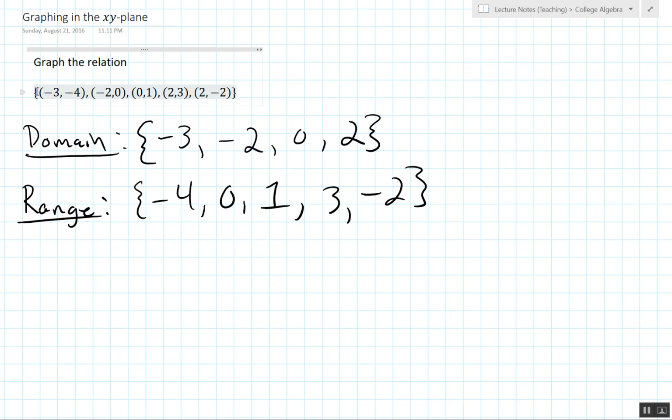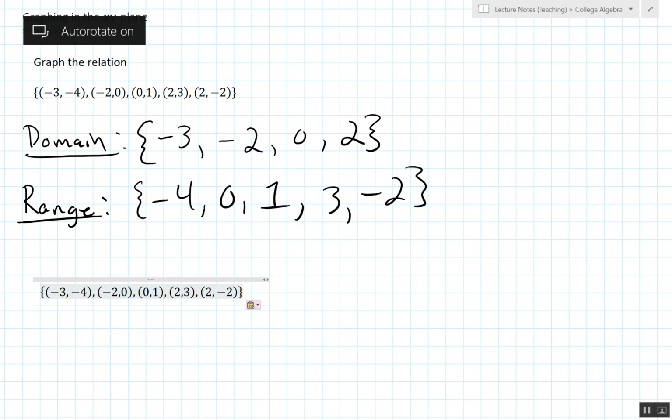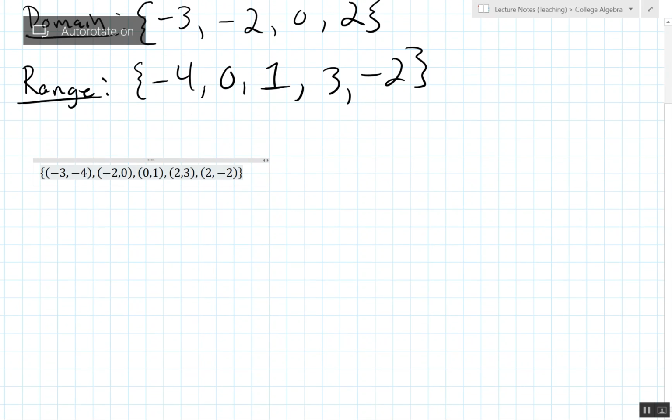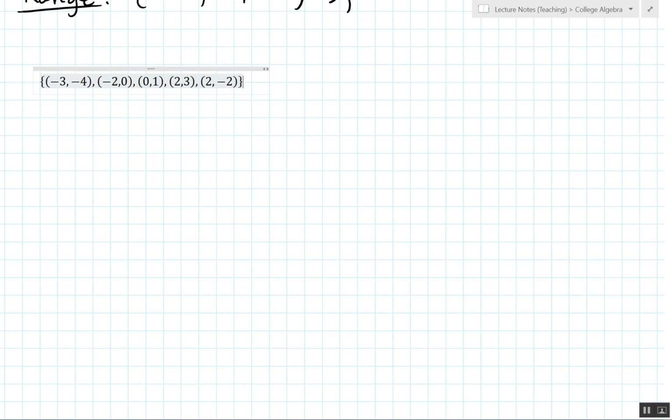I'm going to just recopy this part right here and put it down here so we can see what we're working with.